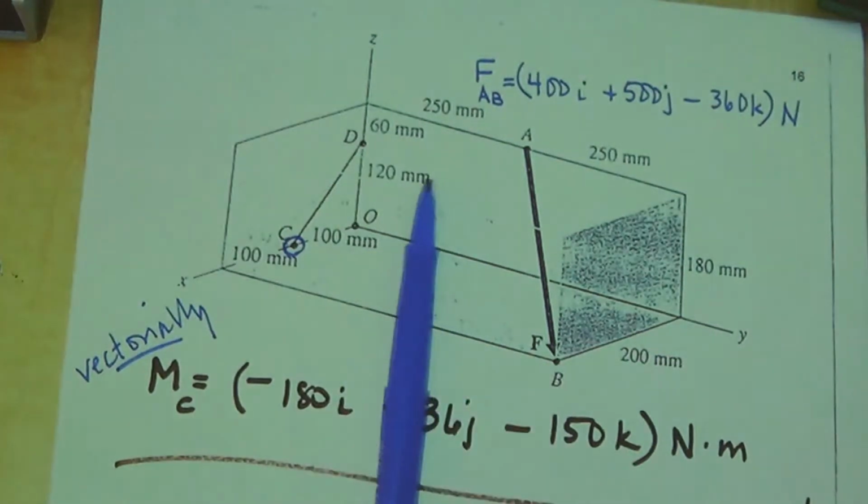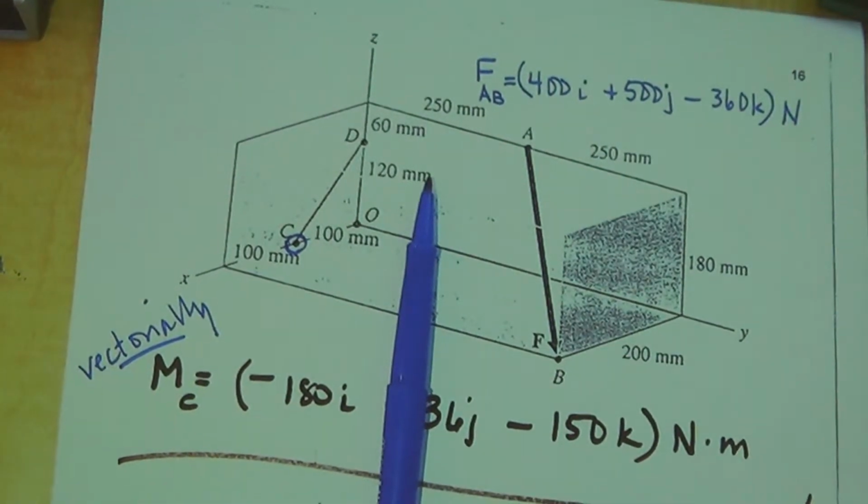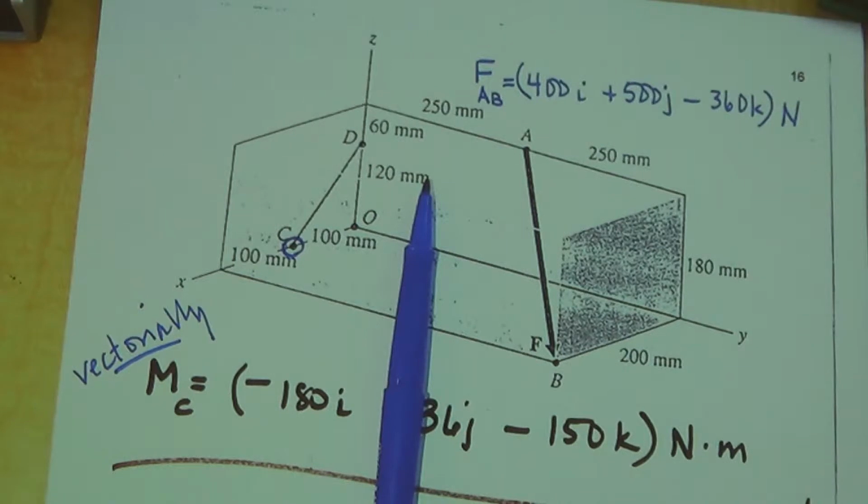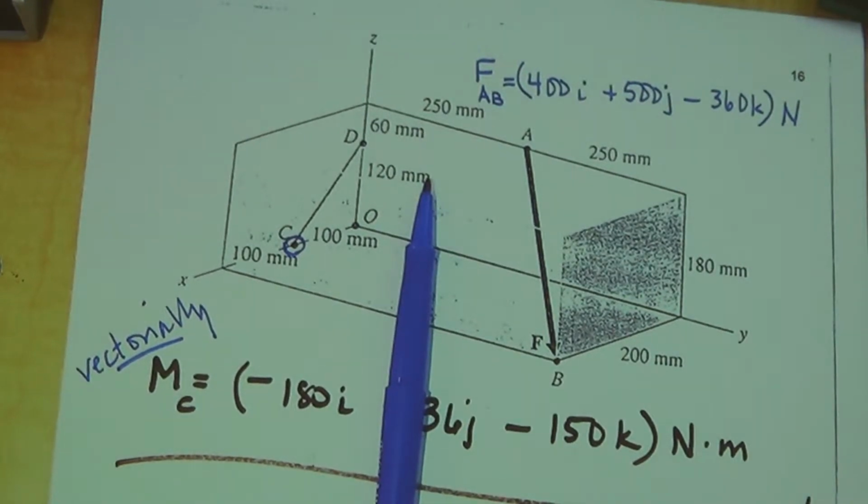Oh, I'm sorry, there was something else I wanted to mention. Chelsea, the other day you asked me about the R cross F vector. Everybody should have got the sheets up here. Pull out this sheet. It says moment about a point.